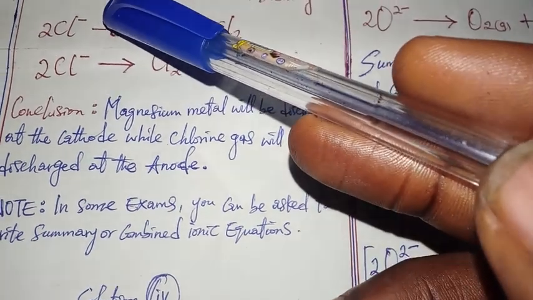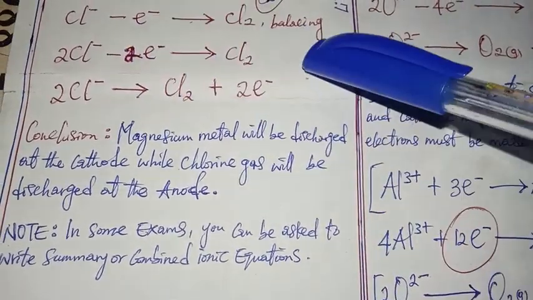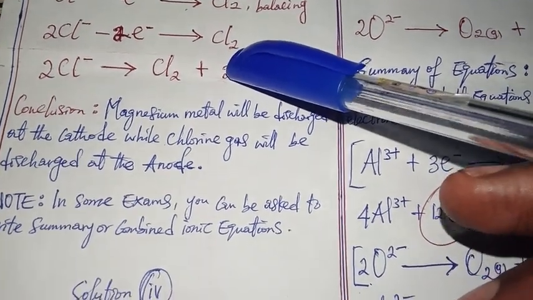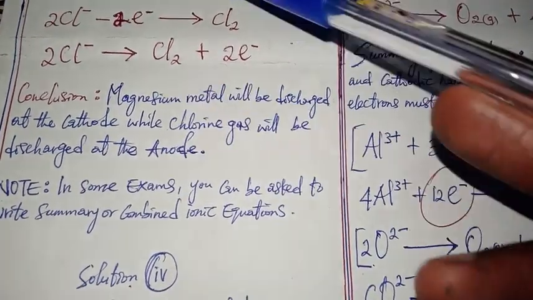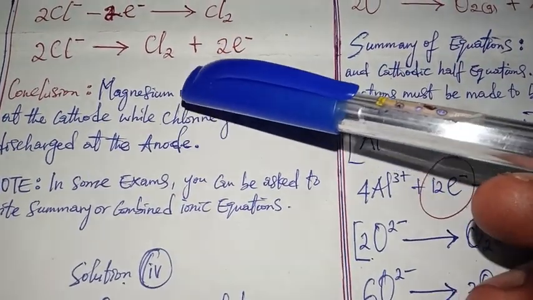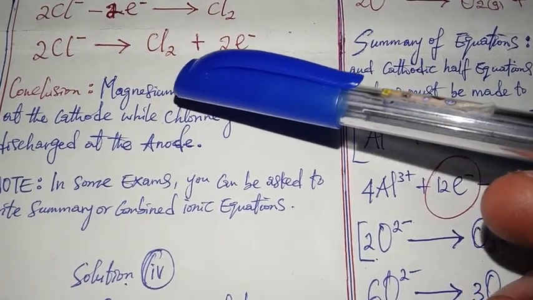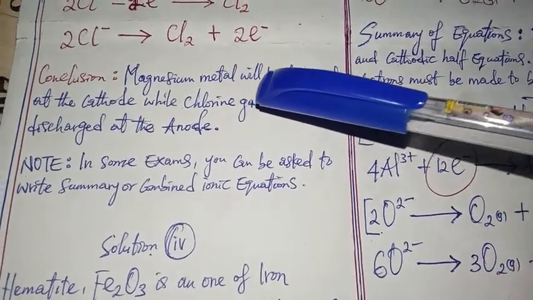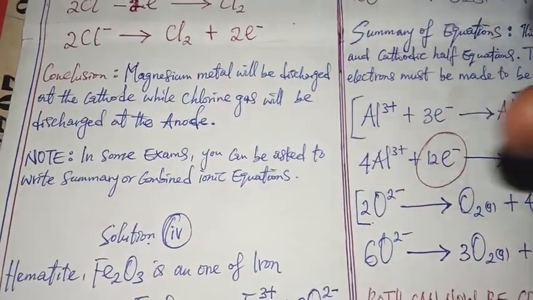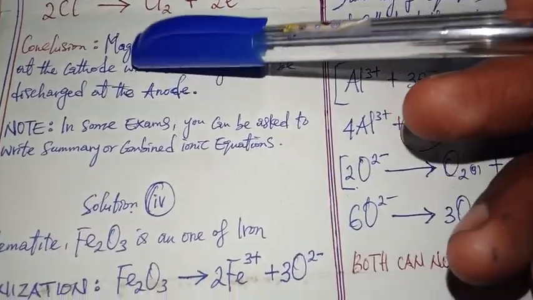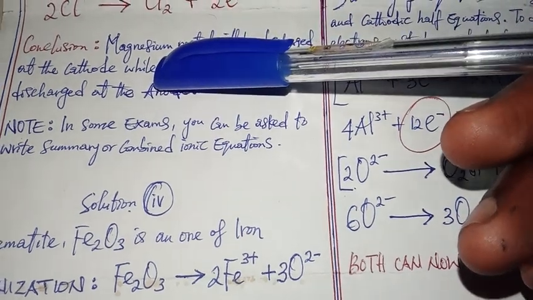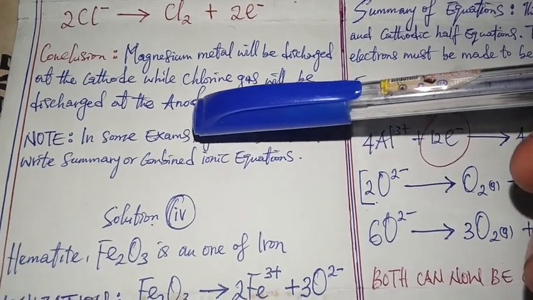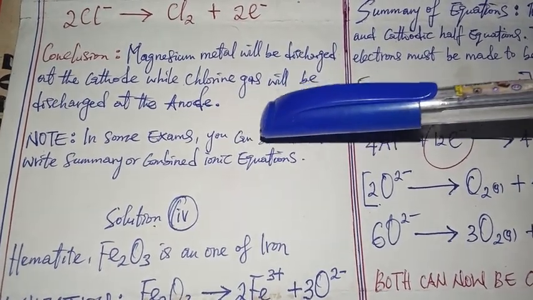Now when we bring this -2 electrons across, it turns to what? Plus. So in conclusion, based on this equation, we can say that when molten magnesium chloride undergoes electrolysis, magnesium metal will be discharged at the cathode, while chlorine gas will be discharged at the what? Anode.